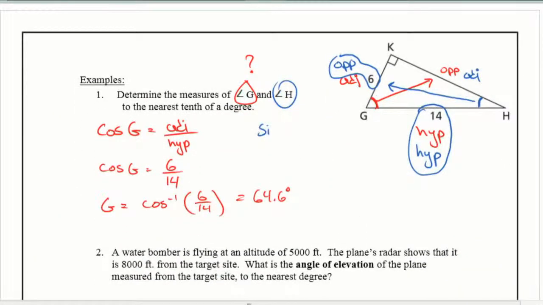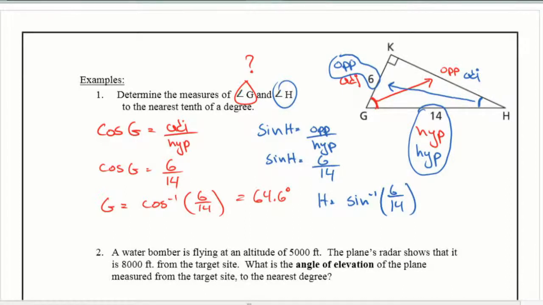So the sine of angle H is equal to the opposite side divided by the hypotenuse, the ratio between those two sides. Sine of H is the opposite, in this case 6, over the hypotenuse, which is 14. And because I'm trying to find angle H, I'm going to take the inverse sine of 6 over 14.